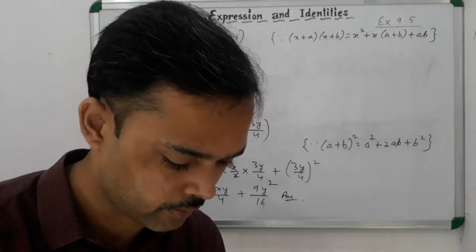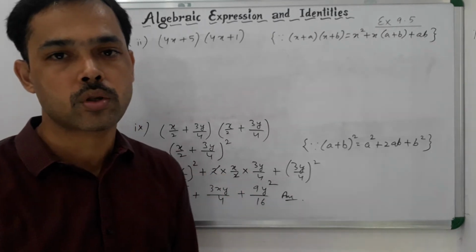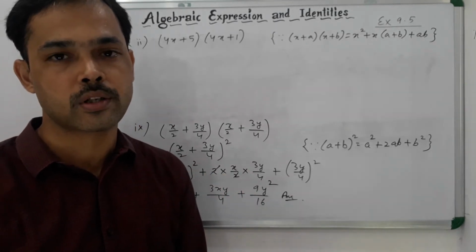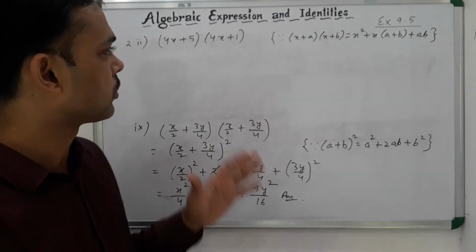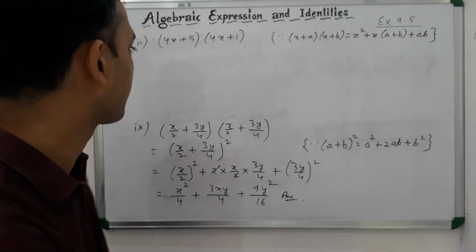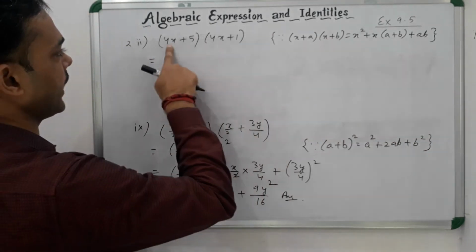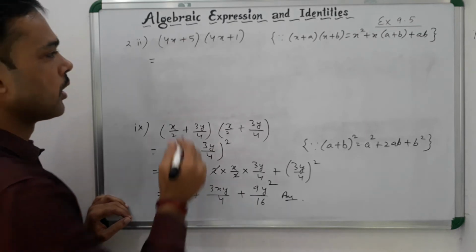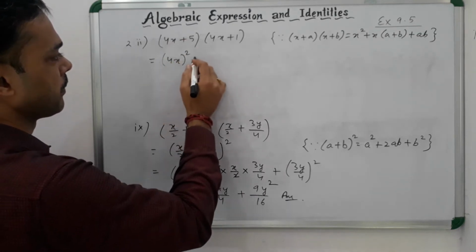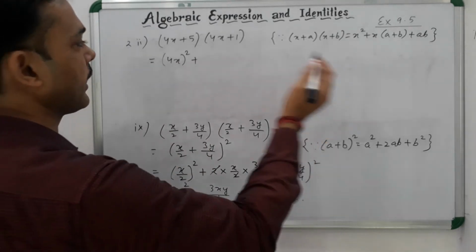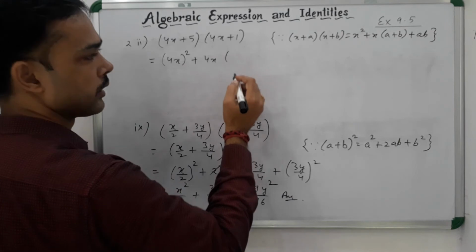Okay, and if you see my videos on these identities, then you will find this over there, so that will help you a lot. Now this will be, at place of x we have got 4x, means 4x whole square plus, then here it is x, means we will write 4x, then bracket.